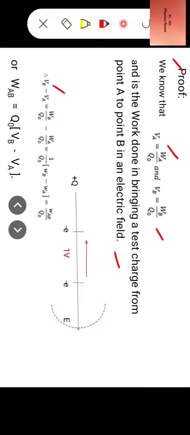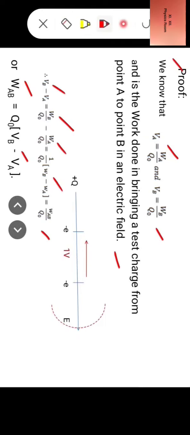Therefore, VB minus VA can be expressed as WB by Q naught minus WA by Q naught, or it is equal to 1 by Q naught into WB minus WA, or we can write it as WAB divided by Q naught, or WAB is equal to Q naught into VB minus VA.